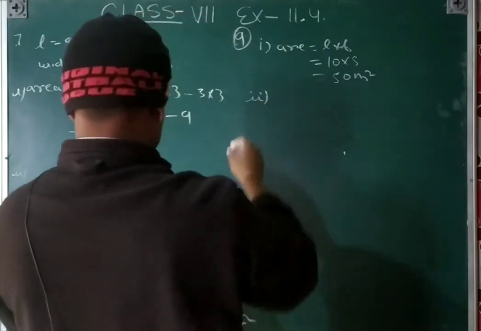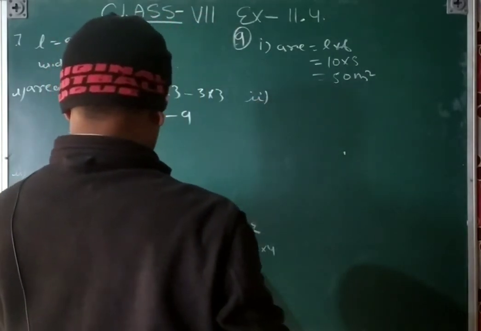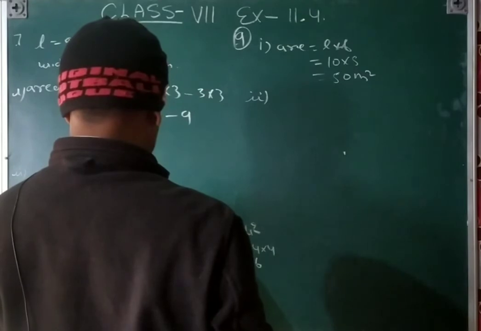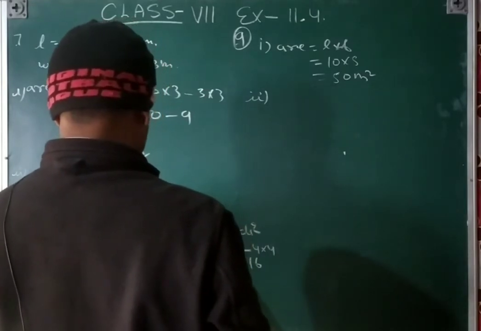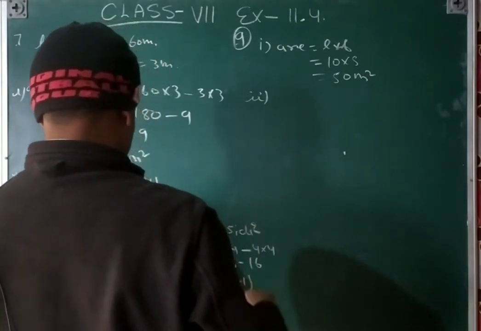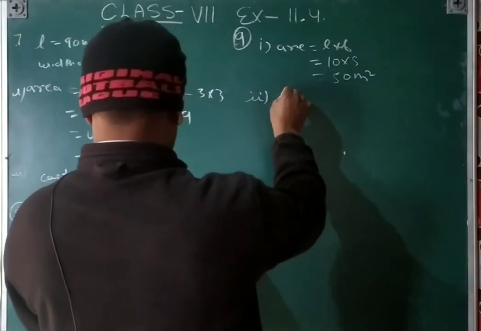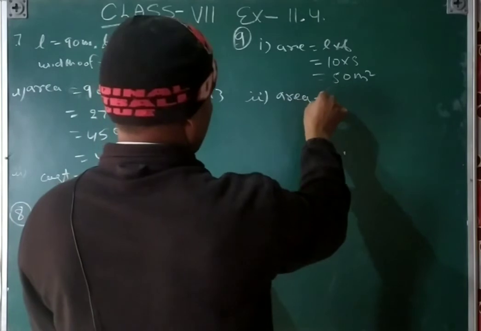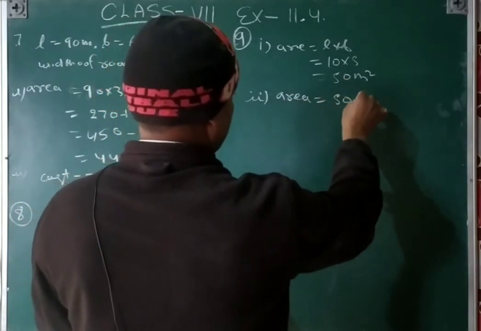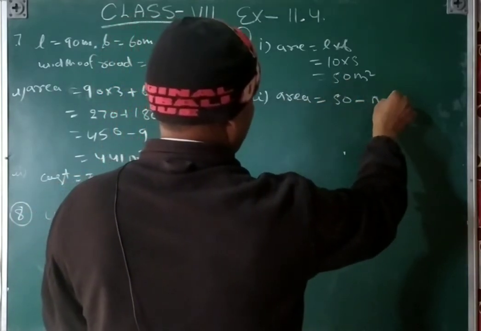Second part is the area of the lawn excluding the area of the flower bed. The flower bed is a circular area, so we will subtract it. So area is equal to 50 minus area of circle, pi r square.